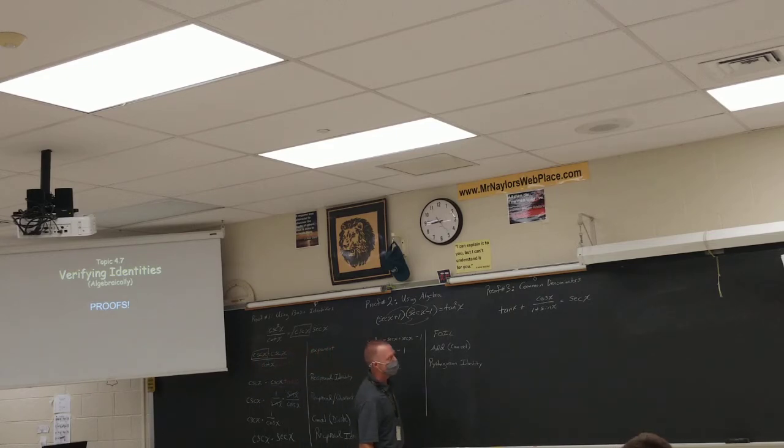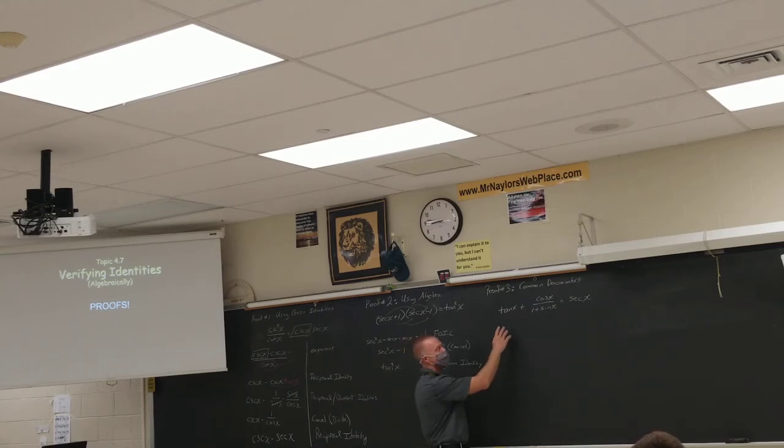I've got tangent plus cosine over 1 plus sine, and it equals secant. Maybe you remember me saying before that when you're adding fractions, you need a common denominator. The first thing to realize in this problem is that I'm adding fractions. What I mean by that is you want to look at tangent and say that that's really sine over cosine.